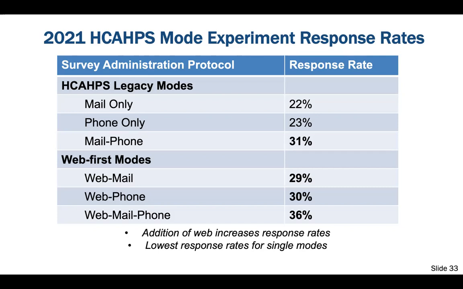So the web clearly helps. Web mail is doing better than mail only. Web phone is doing better than phone only. But this is just the overall pattern, and we haven't yet looked at the underrepresented groups. Next slide, please.